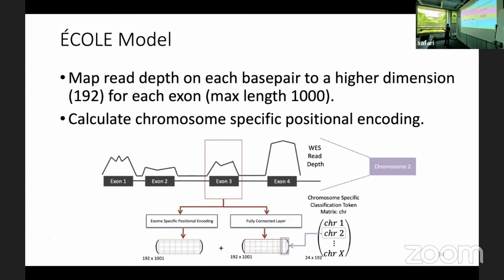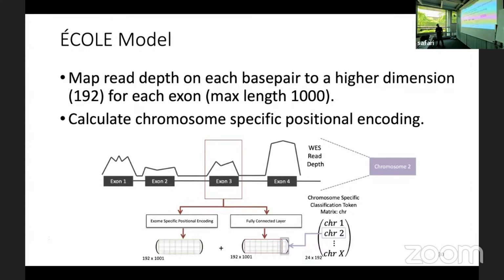It works on self-attention, so it knows which position is important with respect to which other position, and this helps it pinpoint the location of this read depth. So this is learning a fully connected layer. We generate this embedding for the read depth, and using this chromosome-specific encoding, we sum them up.